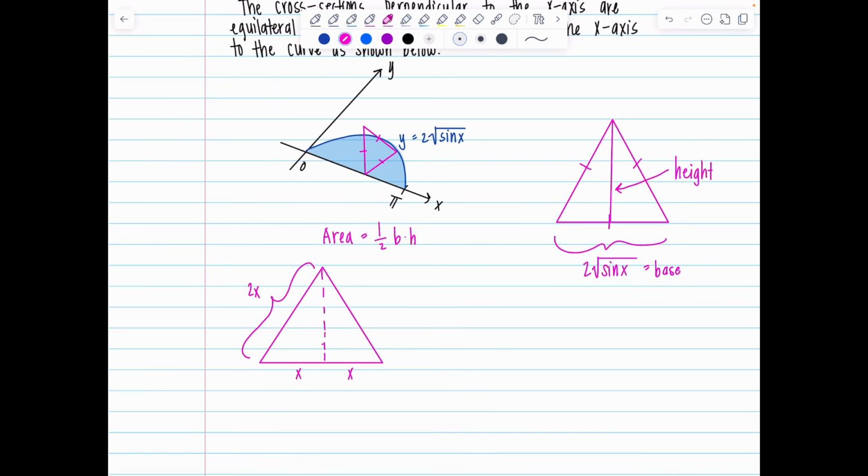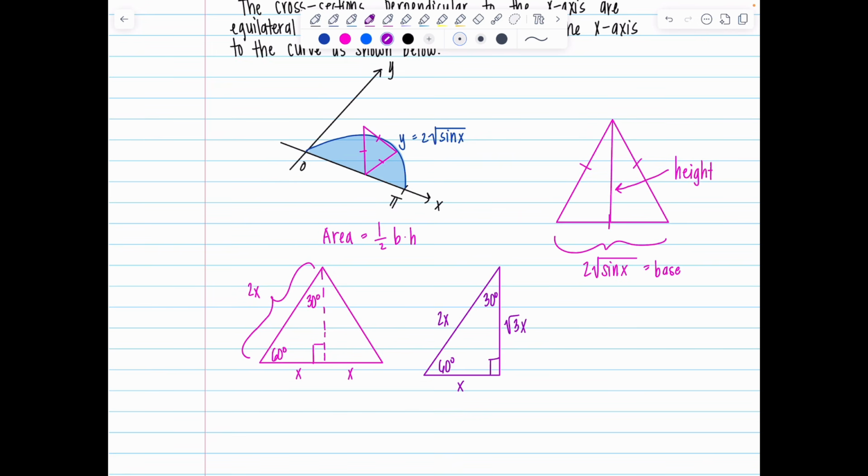Okay, if you cut it in half and you zoom in, this is 60 degrees and this is 30 degrees. So if you remember your ratios from trigonometry, you're done. If you don't, you're just going to use the Pythagorean theorem, and I'll show you what to do right now. So if this is x and this is 2x, this would be radical 3 x, because radical 3 is the side opposite 60, and then this is the side opposite 30.